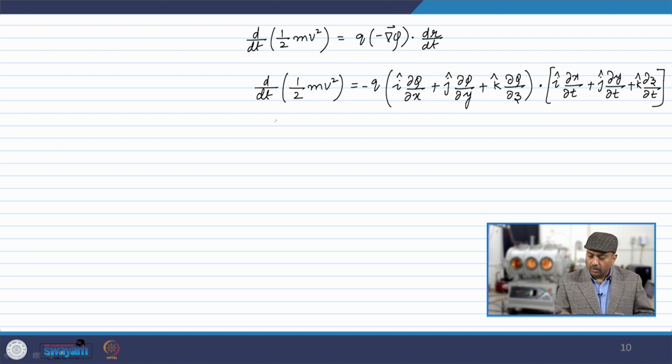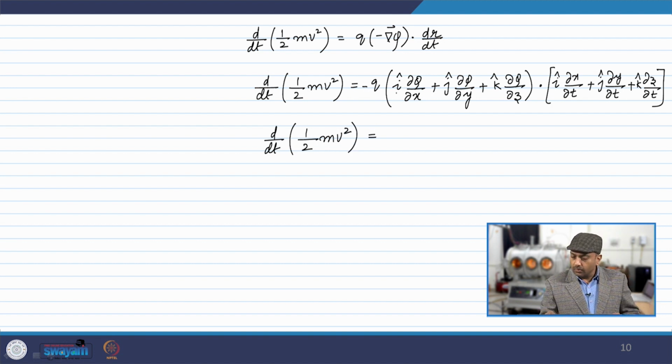So, if you resolve this dot product on the right hand side, you will be able to write d by dt of half mv square is equals to, so i dot i is 1 from the simple vector calculus, you may be knowing i dot i is equals to 1, dou phi by dou x multiplied by dou x by dou t, you will get dou x gets cancelled, you will get dou phi by dou t, right.